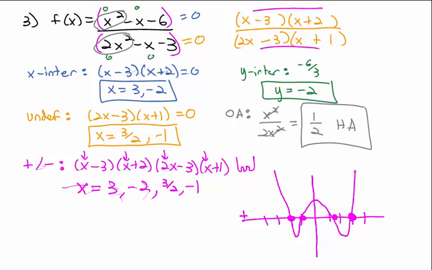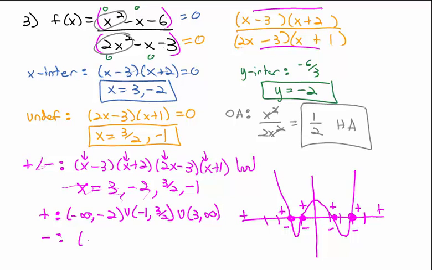So we see it's positive up till the point -2, then it's negative till -1, then it's positive till 3/2, then it's negative till 3, and then it's positive to infinity. So its positive range is -infinity to -2, union -1 to 3/2, union 3 to infinity.